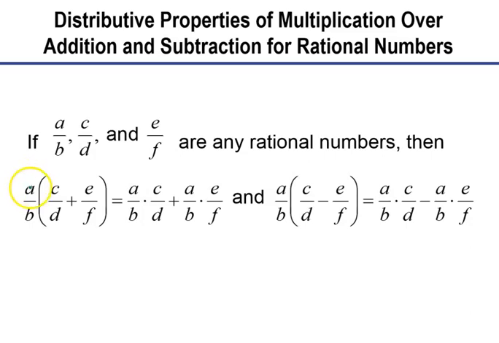So we're allowed to multiply A over B times C over D, and that gives us A over B times C over D, and then multiply A over B times E over F, which gives us AE over BF, and the addition sign stays addition. And we can do this as well with subtraction, and subtraction stays subtraction. So the properties that you know about whole numbers and about integers also apply now to rational numbers.